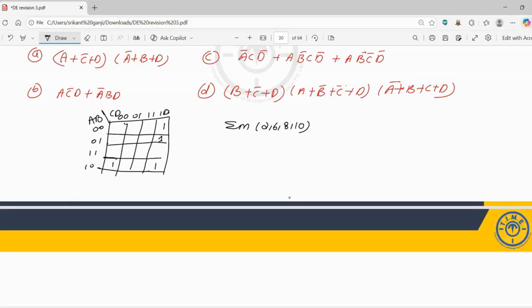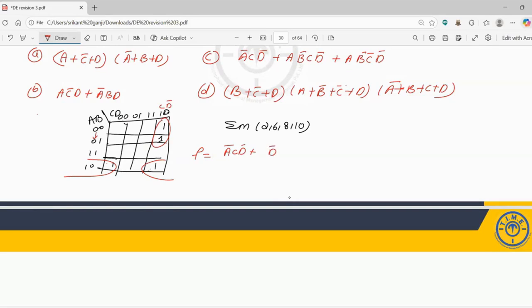So fold this one. First of all, these two form the 1, and this is also 1. Where 0 is as it is 0, that I can say is a bar. So this is CD bar. Directly we can write CD bar plus. Here these two are also 1. 0 is 1 and D is the same, D bar.